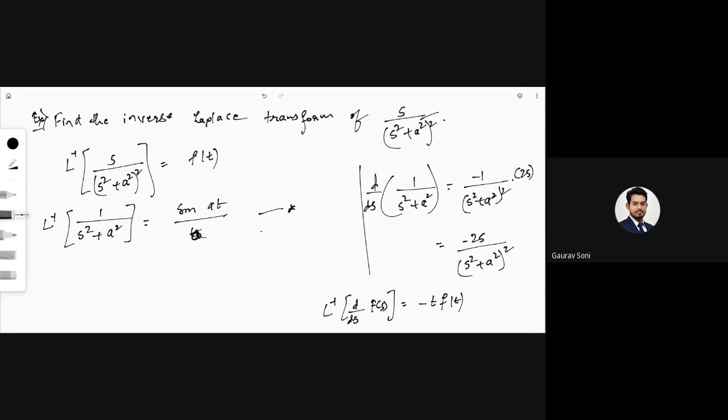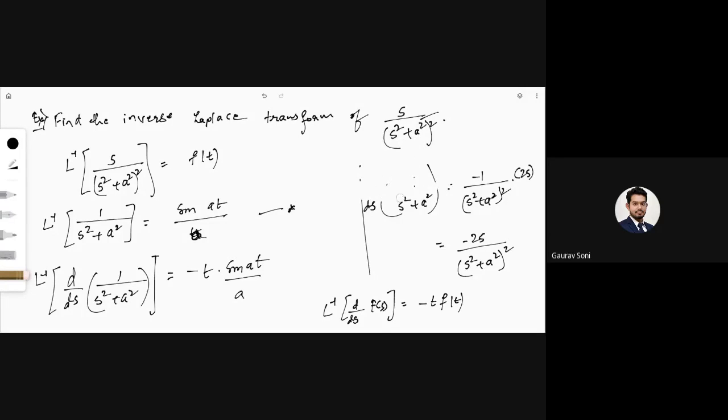This is the property that we have proved. So Laplace inverse of d by ds of 1 upon s square plus a square, by the theorem, needs to be minus t sine of at by a.